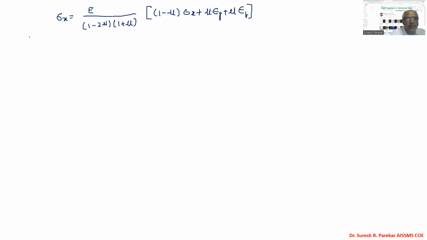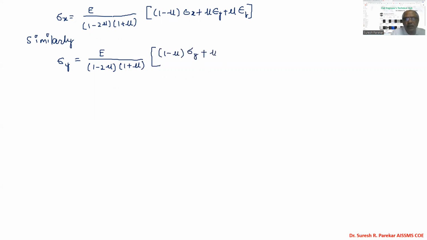Similarly, we can write it for sigma y also and sigma z also. So sigma y is equal to E upon 1 minus 2 mu in bracket 1 plus mu into 1 minus mu epsilon y plus mu epsilon x plus mu epsilon z.